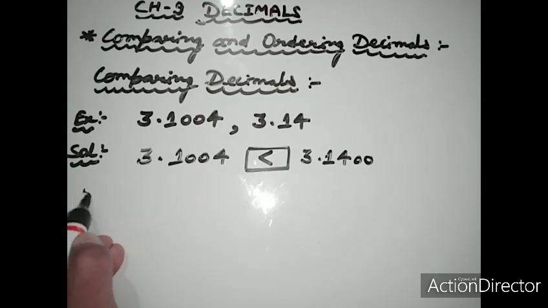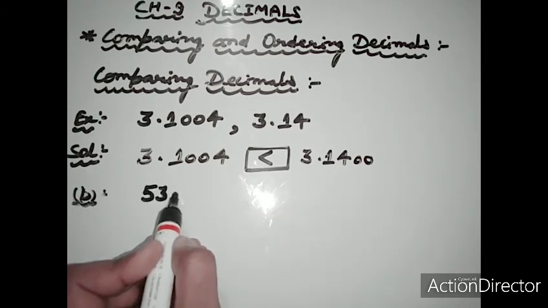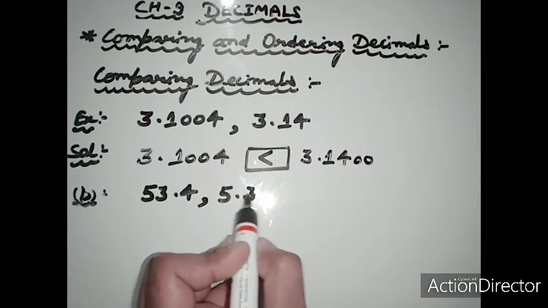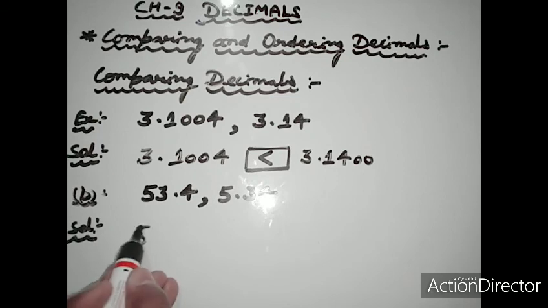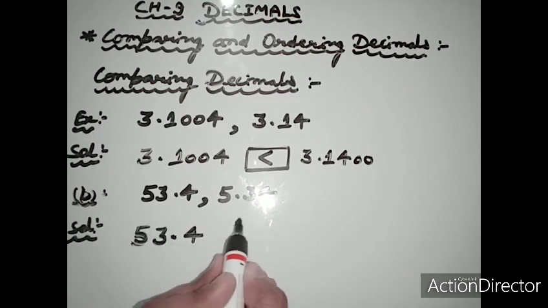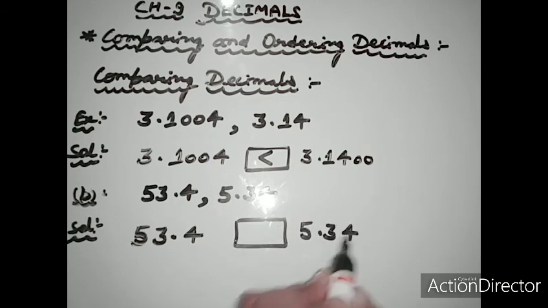Right, now here we take another example. Now here we compare 53.4 and 5.34. Okay students, so now here we apply the same rule. First we write this number 53.4 and 5.34.